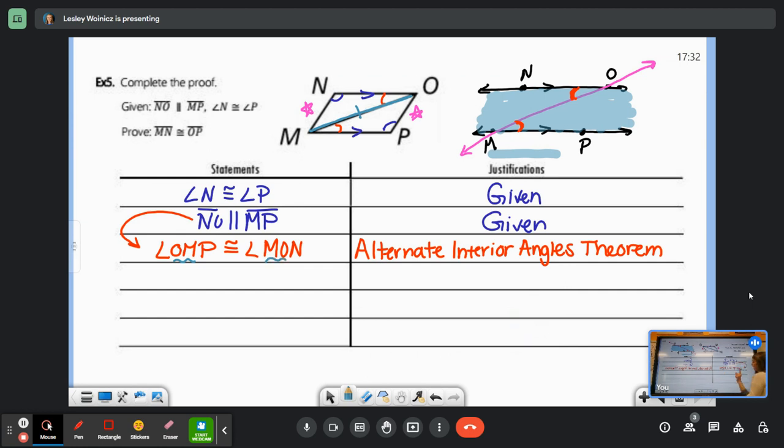So just be careful of the order. We want segment OM is congruent to segment MO. And that is because of our reflexive property of congruence.